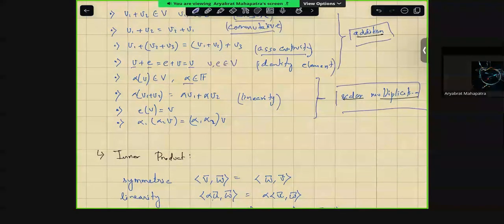So basically, you define your vector space on a field. Whenever you define a vector space, it has to be defined on a field.